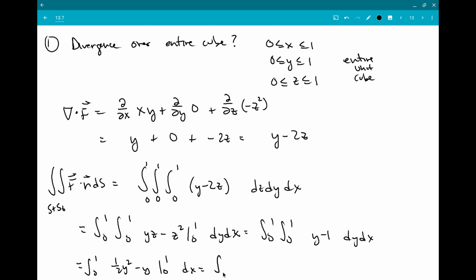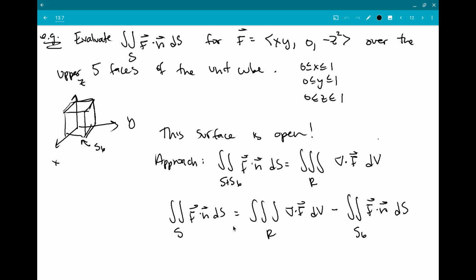That's just going to give us 1/2 times 1 minus 1 minus 0 minus 0. So that's 1/2 minus 1, times the integral from 0 to 1 dx, which is just 1, so this is minus 1/2. So this entire thing right there is just minus 1/2.